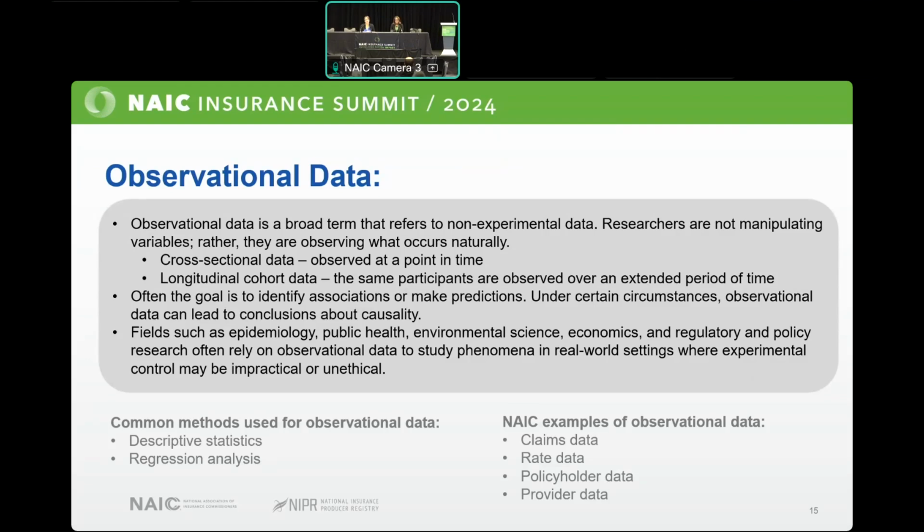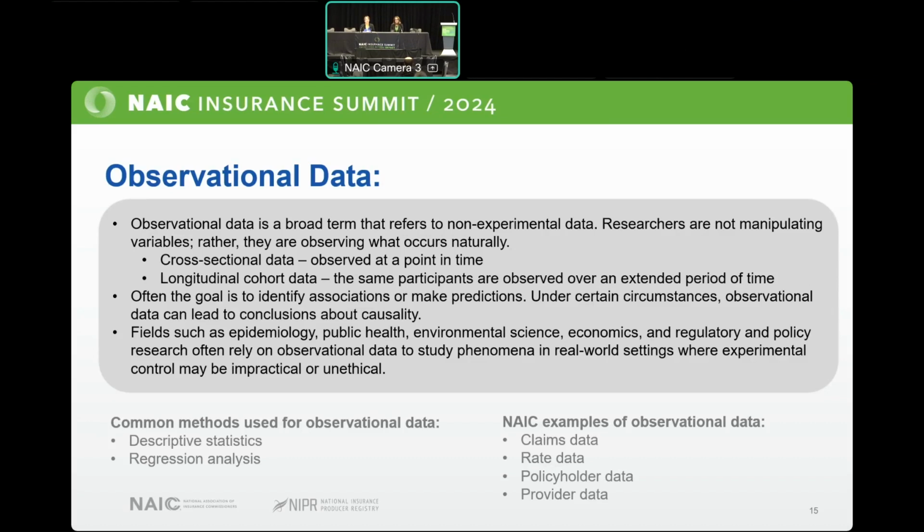My background is in healthcare and health insurance, and a lot of times we'll be looking at demographics, socioeconomic status, family characteristics, health status, things like that. So you'll have a variety of variables like that that exist in the data.